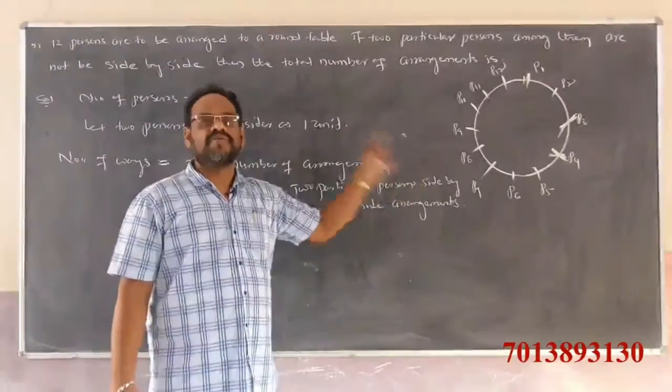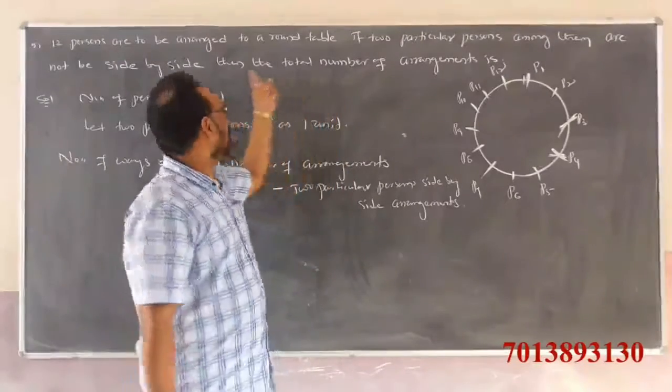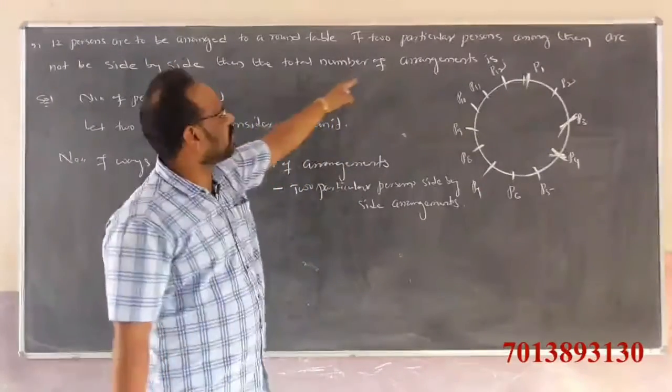If you remove that from the total arrangements, we get what they ask, the total number of arrangements.